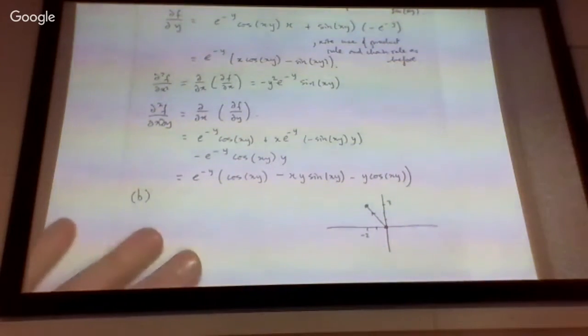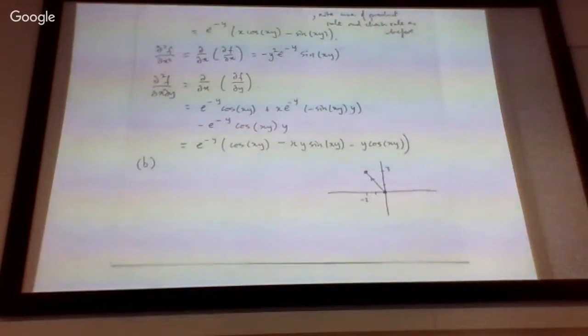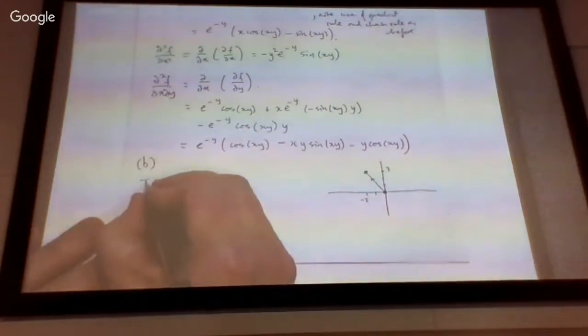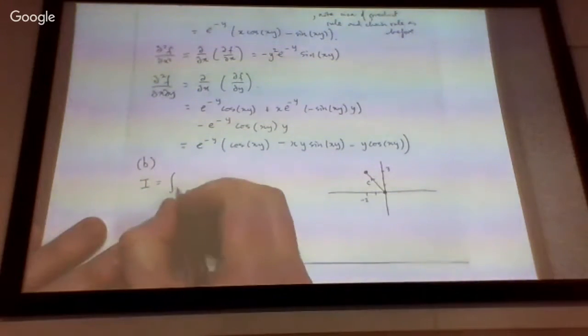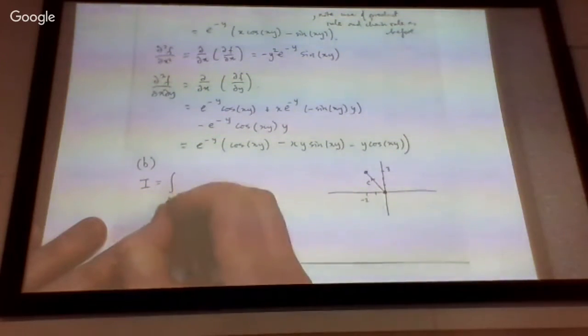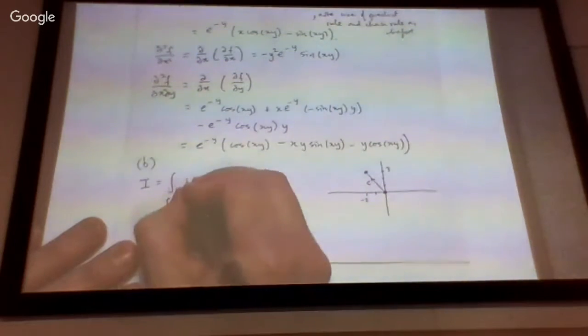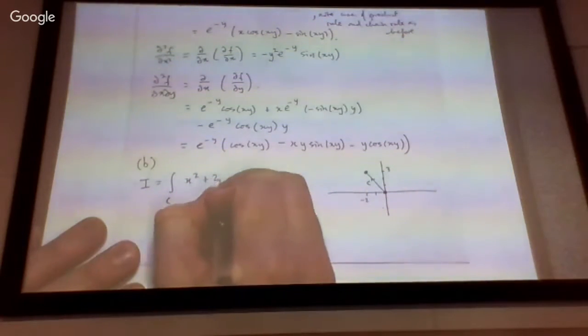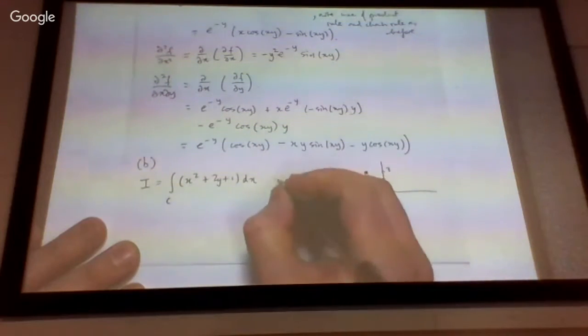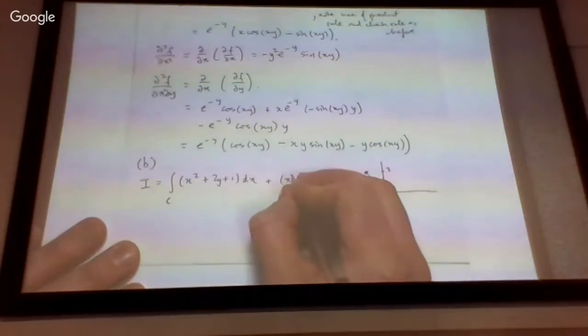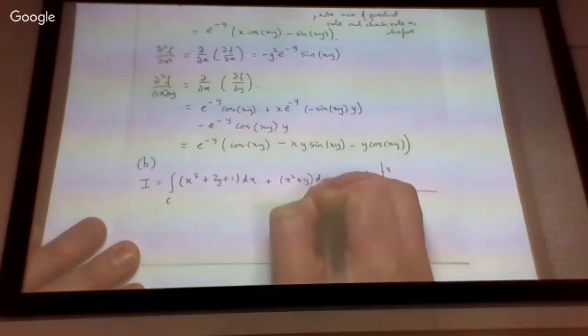Okay. And the integral I, so this is our straight line C. Our integral I is the integral along C of x squared plus 2y plus 1 multiplied by the differential dx, plus x squared plus y multiplied by the differential dy.